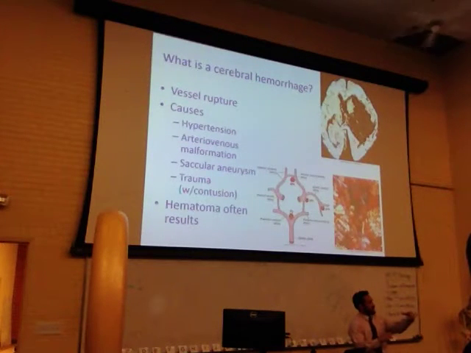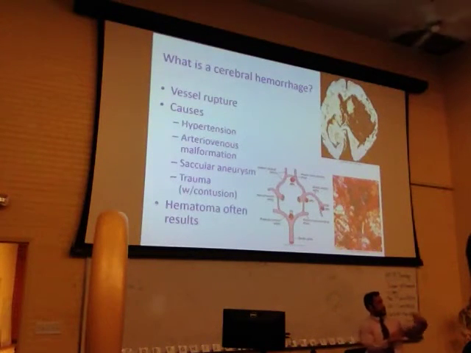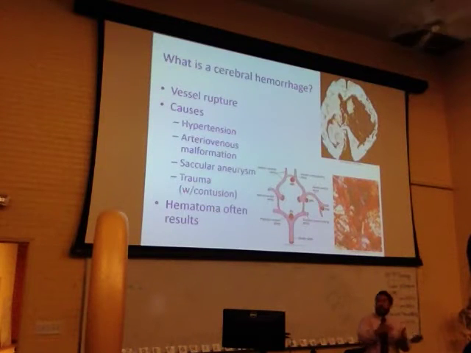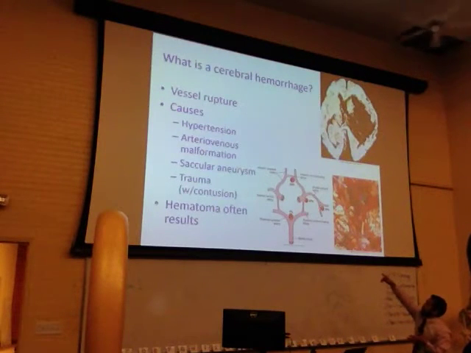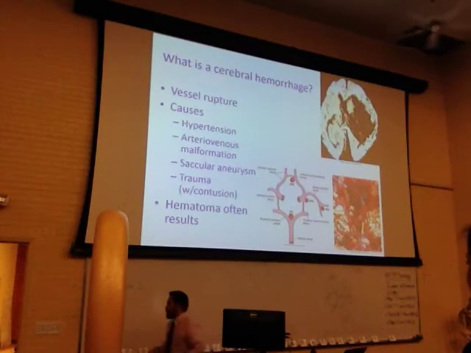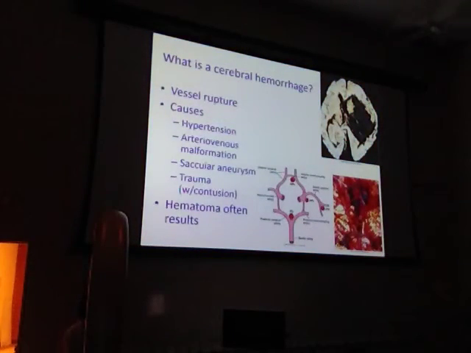Does that make sense? So that's basically what an aneurysm looks like. It's a bulge of the vessel because there's a weak location in the wall. And if this aneurysm ruptures, then it's at risk of creating this active brain bleed, which would be a hemorrhage.